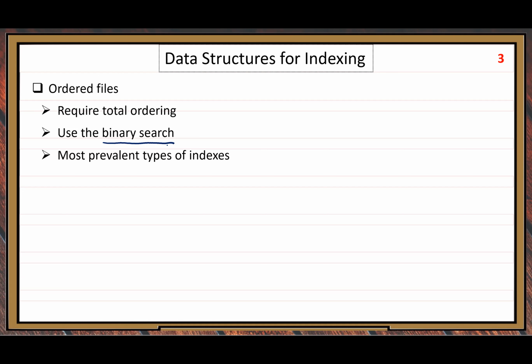It covers 90-something% of the usages. For the remaining, where there is no total ordering, we have to use hashing techniques. Only a very small portion.